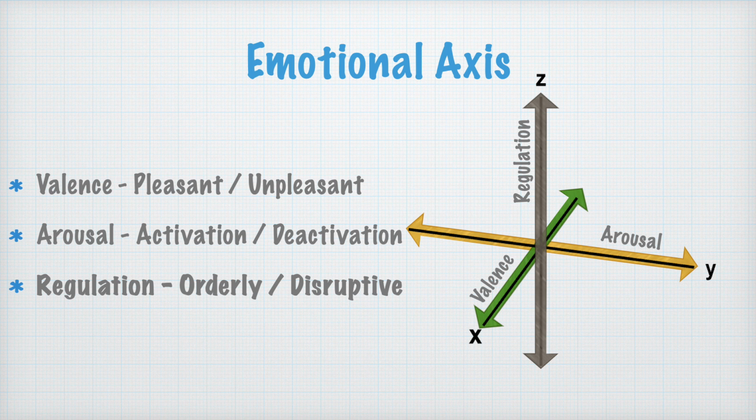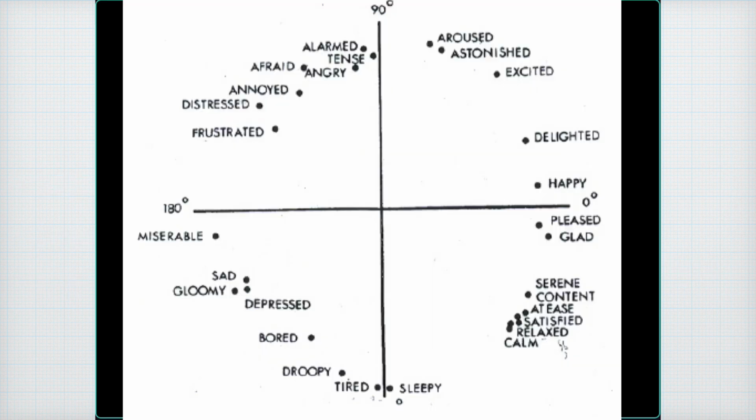Arousal is how activated or deactivated you are in response to that emotion to do something about it. What I'm going to say is that regulation is how orderly or disruptive the action you take is driven to be. Now, I'll get into that a little bit more in a minute.